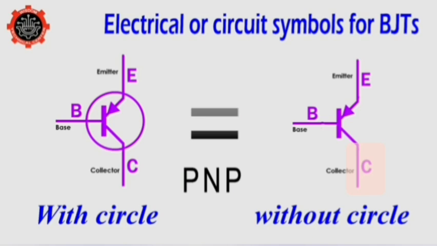The collector will always be opposite to the emitter, same as for an NPN transistor. The arrow still points in the direction of hole flow or conventional current flow. Therefore, electron current must flow against the arrow.